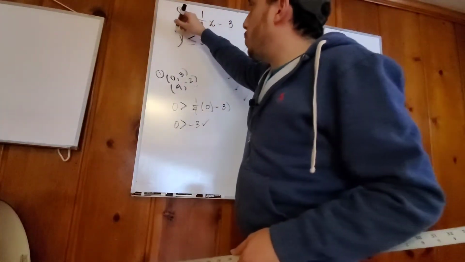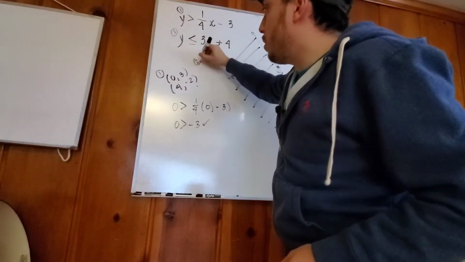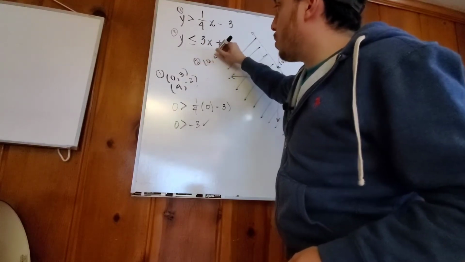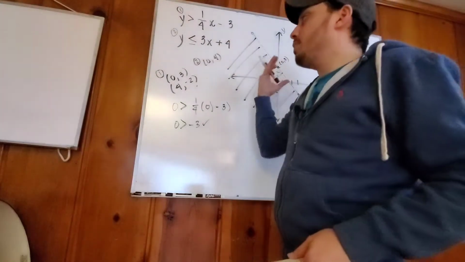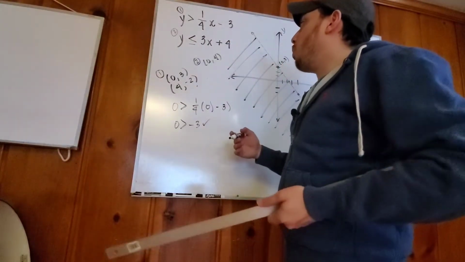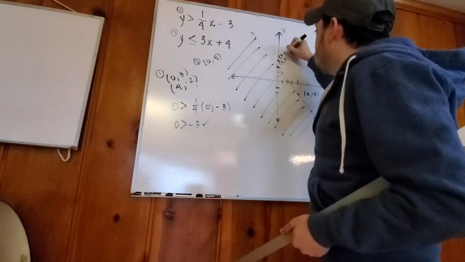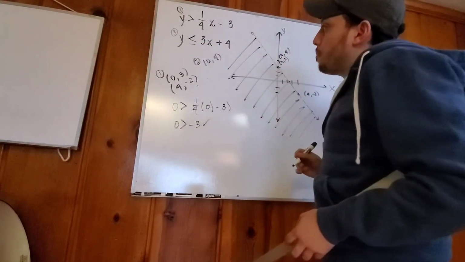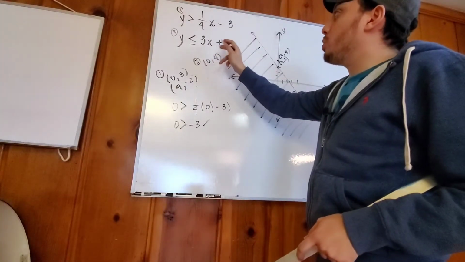And to solve the second one, we need to find 2 points. Again, we already have 1 point being (0, 4). Why (0, 4)? Because if x is 0, y is going to be 4. That's how you find the y-intercept. So we have a y-intercept of (0, 4). And then we're going to find another point. We could use 1 or 2 or whatever.